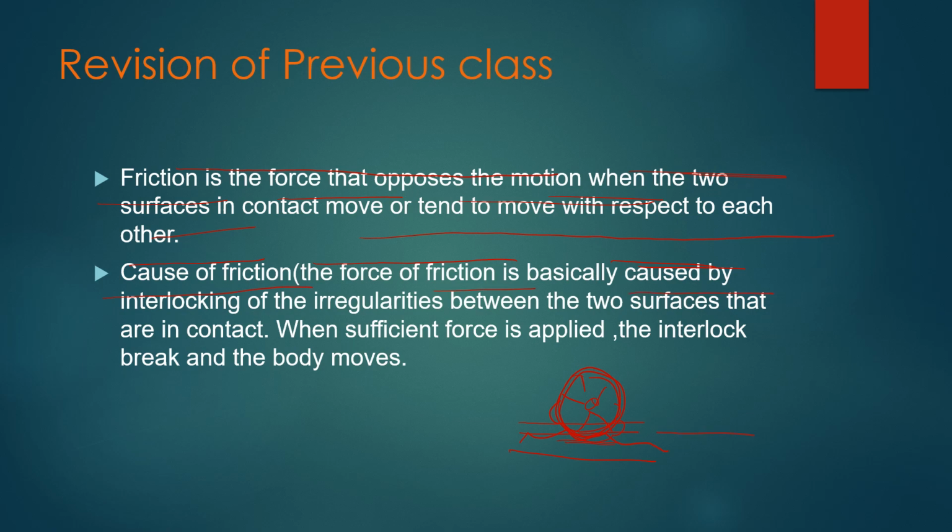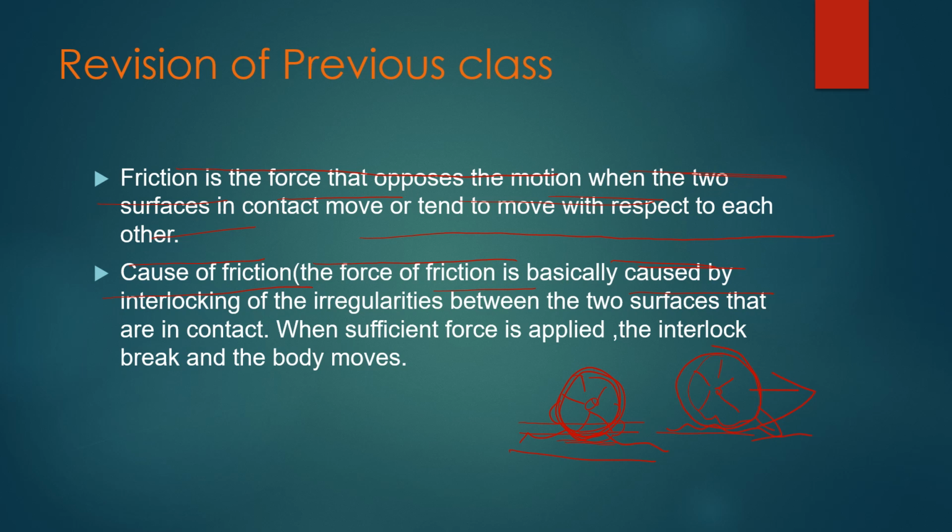These irregularities on the road and on the tire we are not able to see visually, but when the force is sufficient enough to break this interlocking between the two surfaces, then only the body will move.